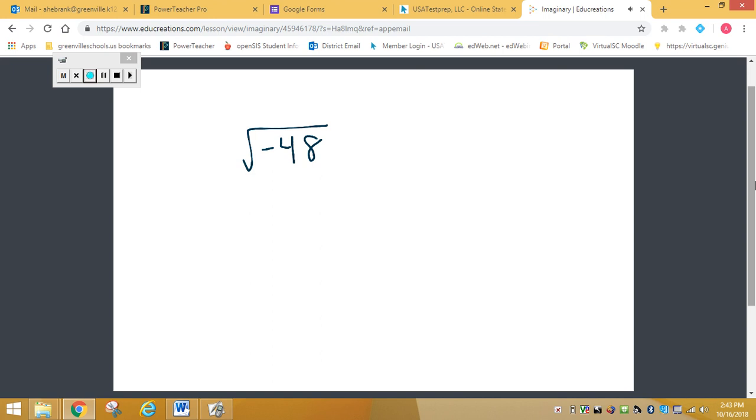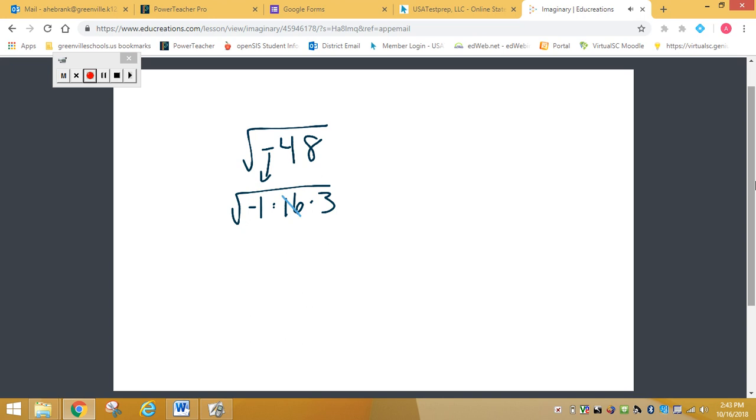So first off, it's the square root. We want to figure out what perfect square will go into 48. It actually ends up being 16. So I have negative 1 times 16 times 3. Because I did the negative 1 to get rid of that negative, and then 16 times 3 is 48.